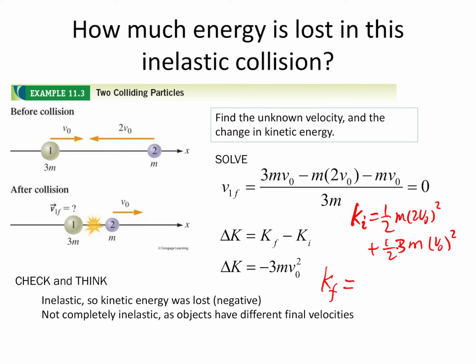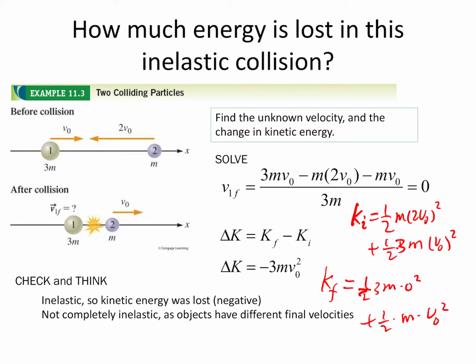Kf is 1/2 3m times 0 squared plus 1/2 m v0 squared. And when you work it out, you will find the kinetic energy decreased by 3m v0 squared.